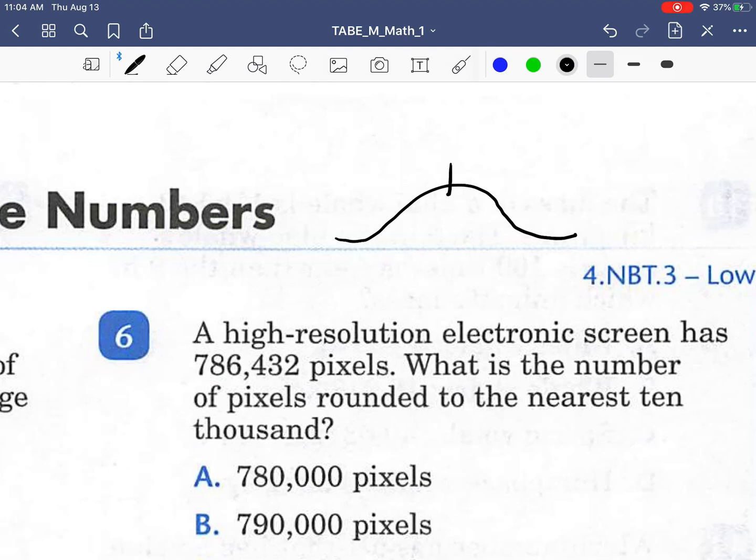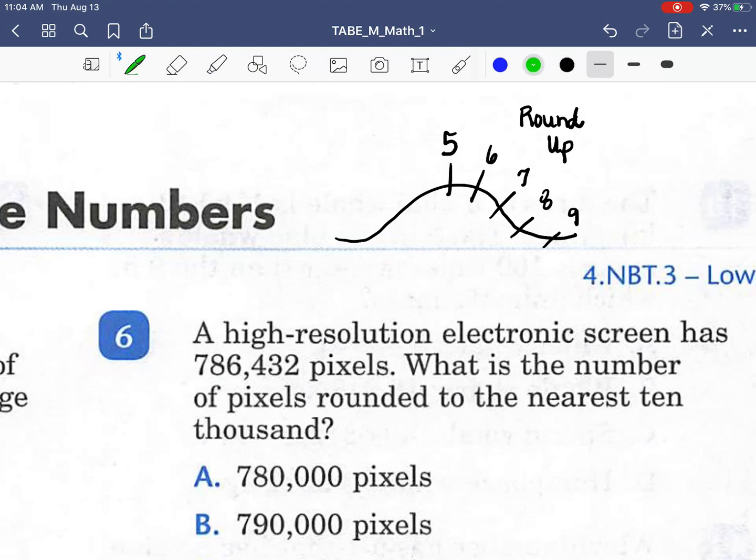And at the top of the hill, let's put a line. Let's put the digit 5, 6, 7, 8, and 9. This is the round up side of the hill.